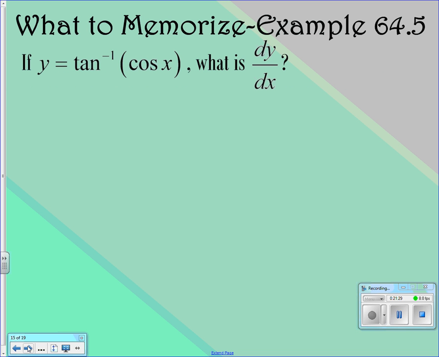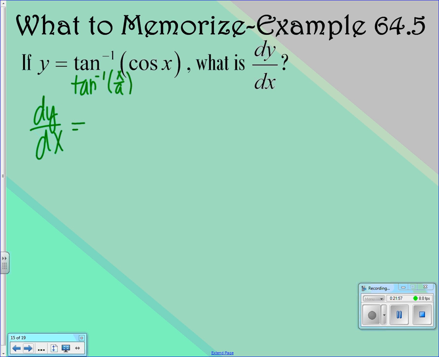So now what we're going to look at is the derivative of the tangent inverse of cosine of x. And so here, we're basically using the chain rule. What we need to do first is look at the derivative of just tangent inverse of x over a.